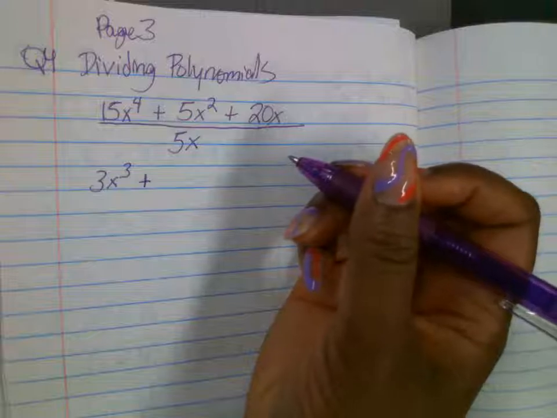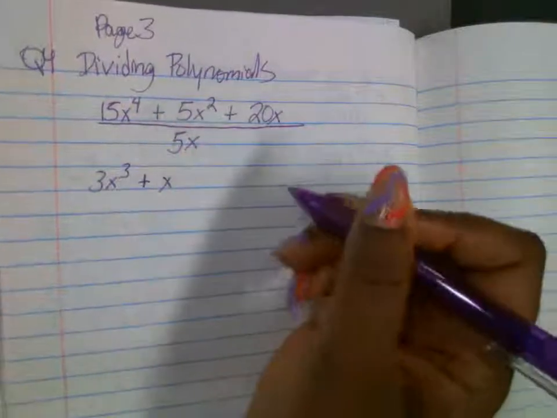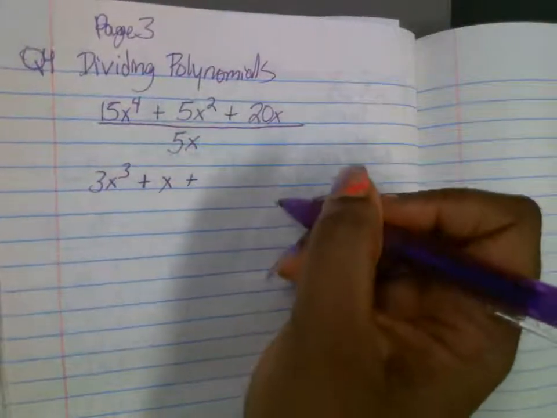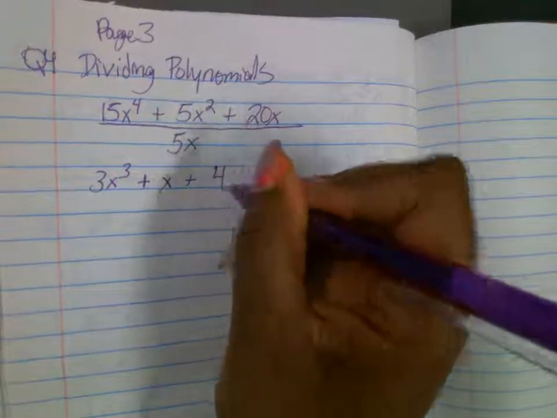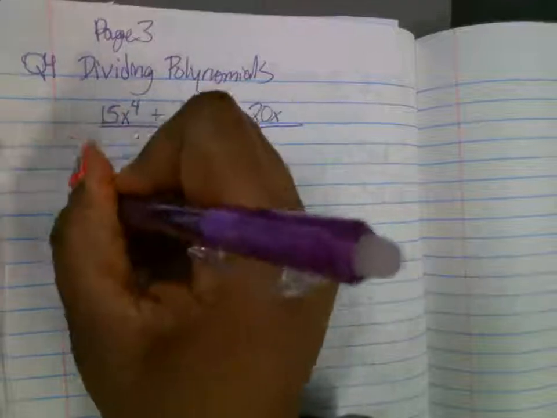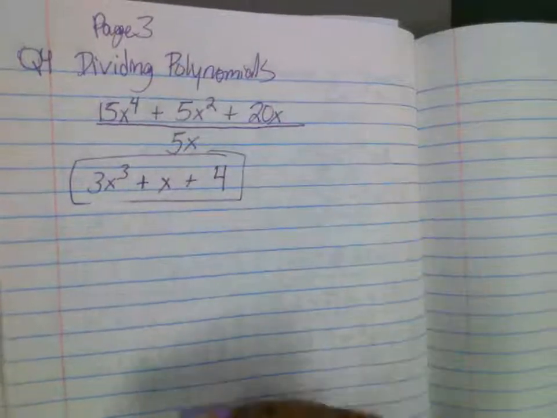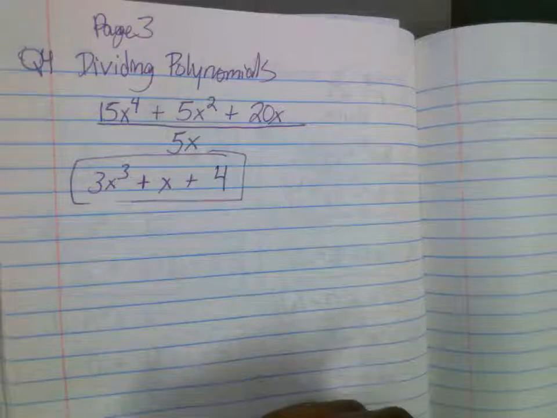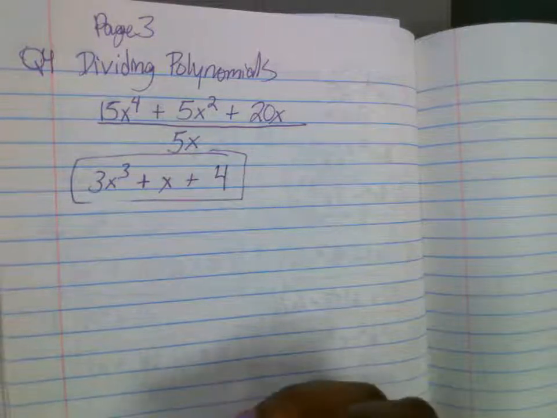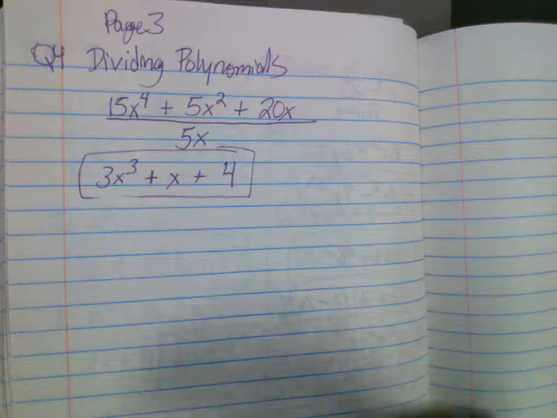Plus x. Plus what? Plus 4. And this is your answer. Any questions about what I did there? I told you you were already going to know how to do this, but I just needed to give it a name.